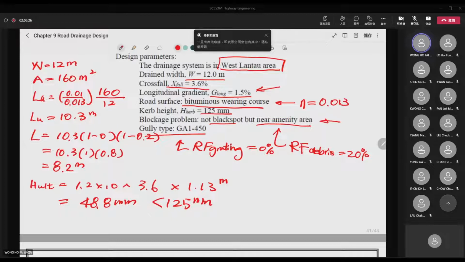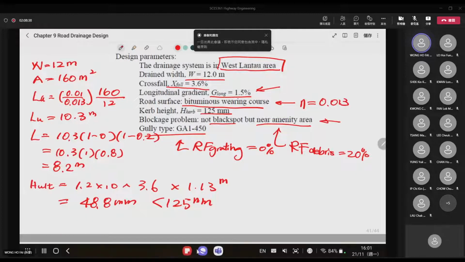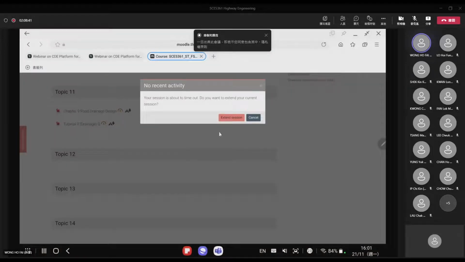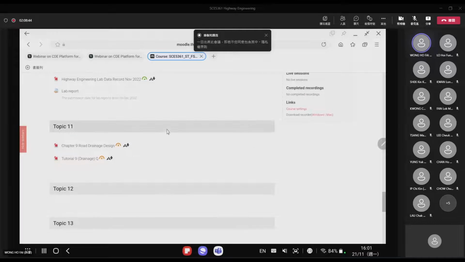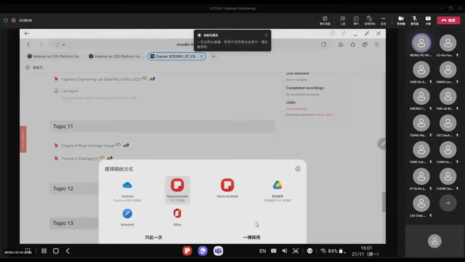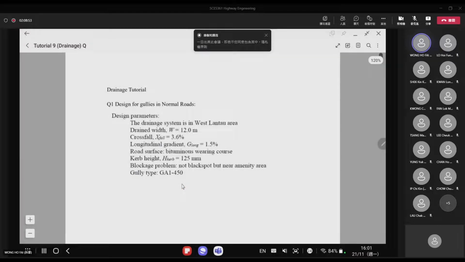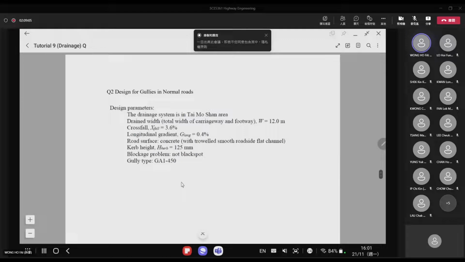Now you can go home and take a look by yourself for this one. And actually, in the tutorial, I think I gave you the one. Okay, it's the same. So the problem is the same as in the tutorial sections. And then there's another one, design the Gaudi in normal row.